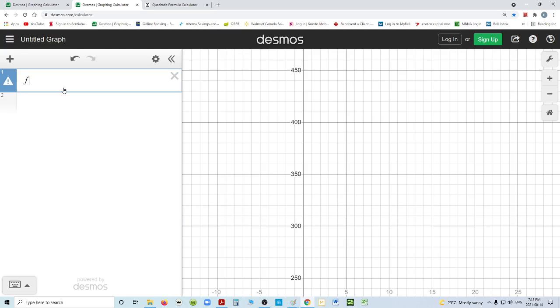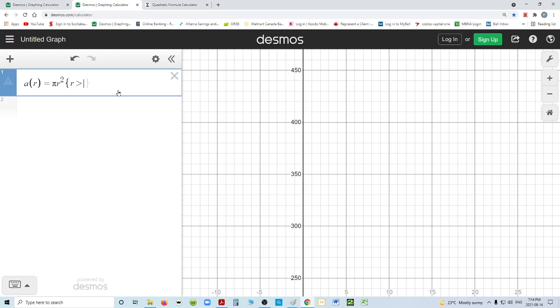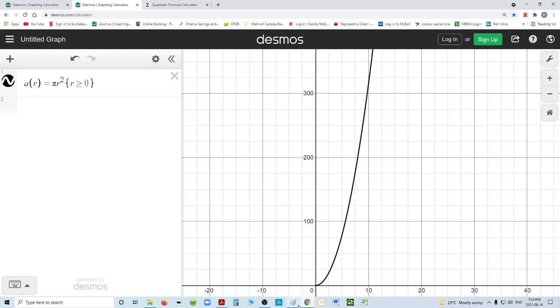F of x, or the area based on radius, is going to be pi r squared, and I'm only interested in where r is bigger or equal to 0, which means you can see the areas of those circles are getting bigger and bigger and bigger.